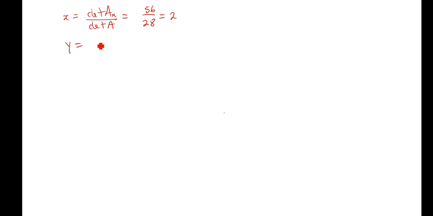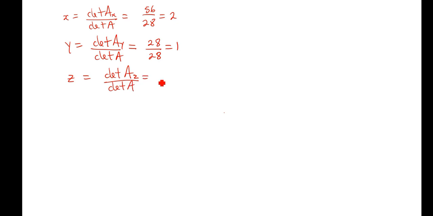For y, determinant Ay over determinant of A, 28 over 28, that is 1. Z is equal to determinant Az over determinant of A, and that is 84 over 28. That gives me an answer of 3.